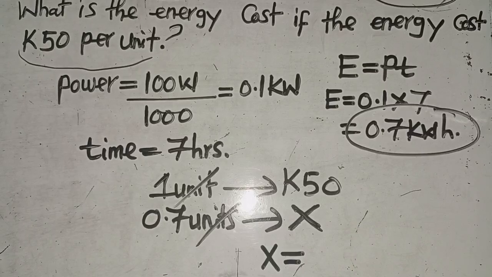The answer is 35. So it is 35 kwacha. That is the answer. Meaning the energy cost needed for us to use this bulb of 100 watts for 7 hours is 35 kwacha.